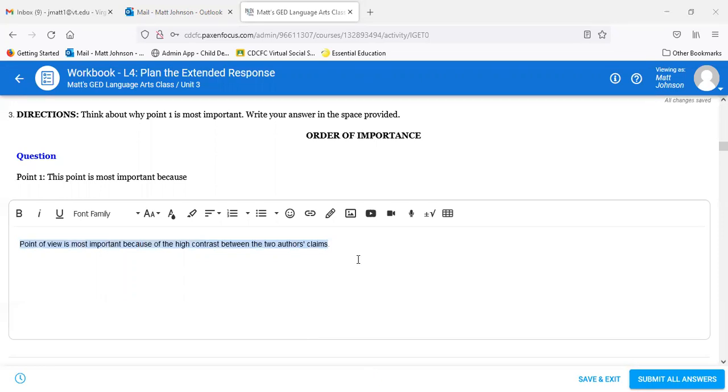Now, in other cases, it may be evident. You'd want to lead with, especially if the reason you choose one passage over the other is because of the evidence, like this is the most important because one author uses more compelling and logical evidence than the other.